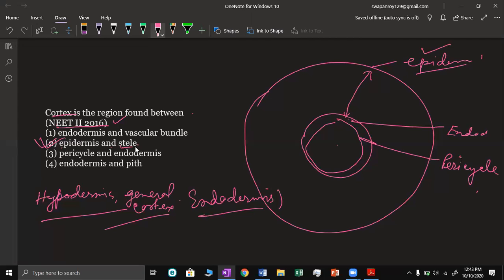Epidermis and stele. What is stele? Stele is that, pericycle, vascular bundles, pith, and medullary rays.